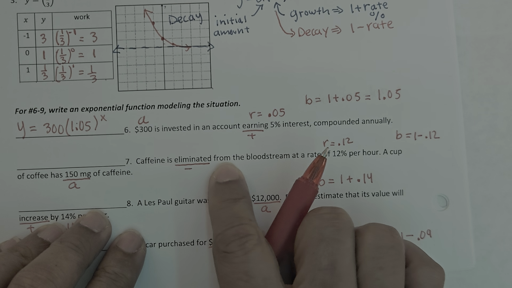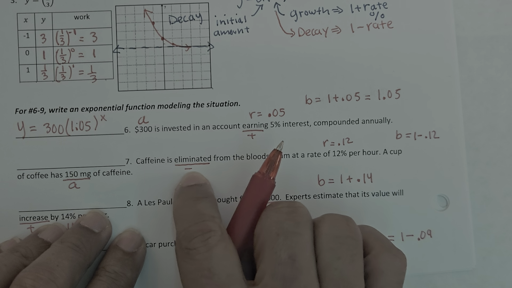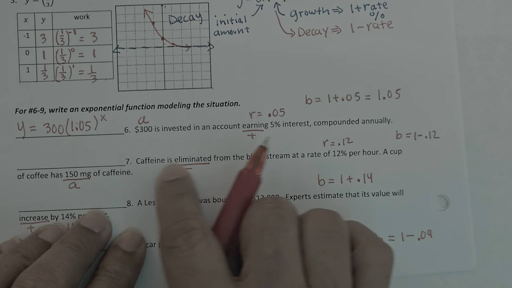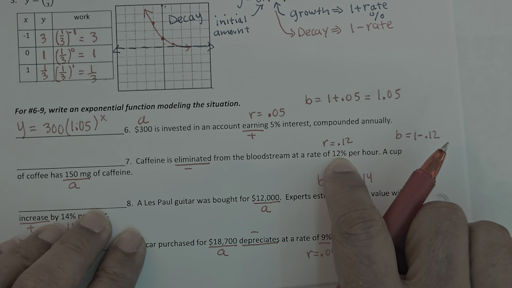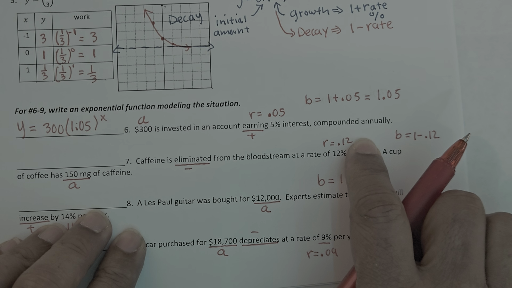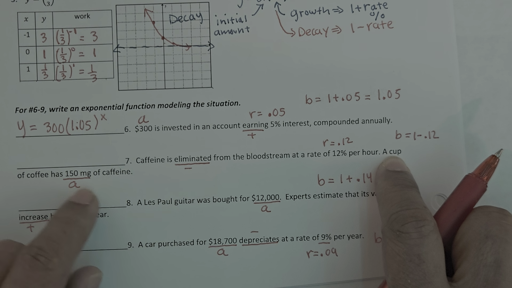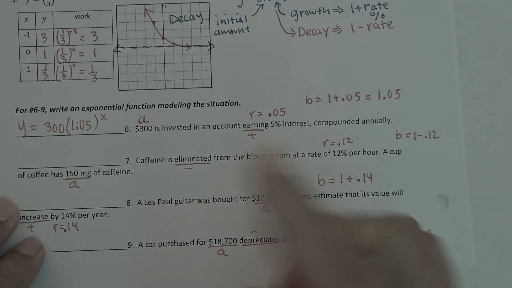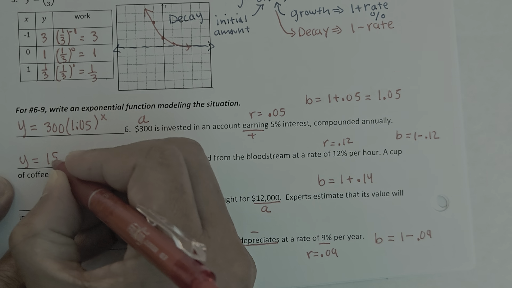Number 7, caffeine is eliminated. So this is decay, you subtract the rate from 1. So caffeine is eliminated from the bloodstream at a rate of 12%. So the rate is 0.12. Then per cup, a cup of coffee has 150 milligrams of caffeine. So this is the value of A. So then the equation is y equals 150.